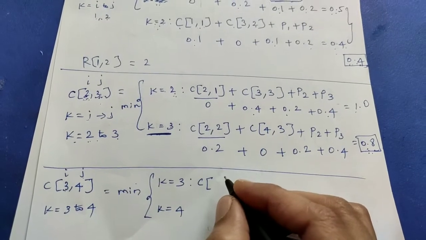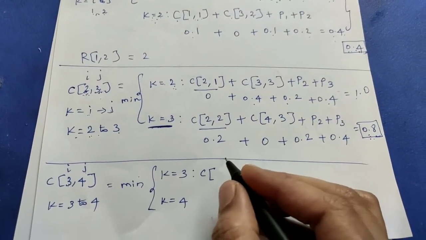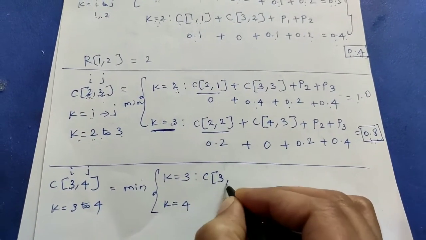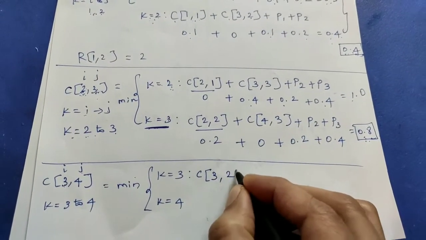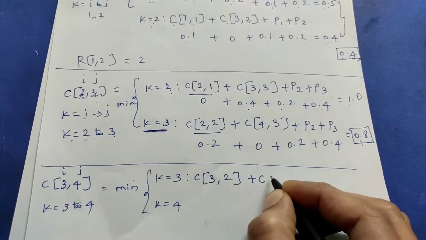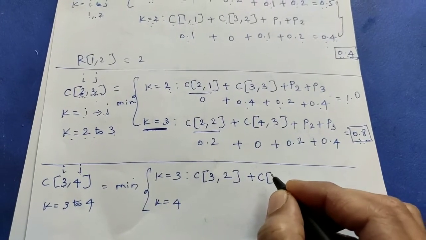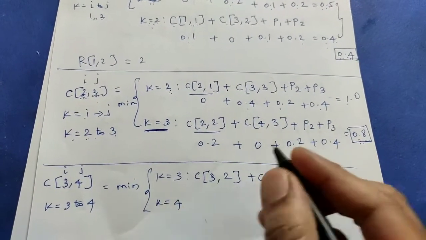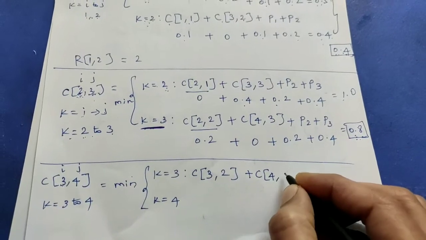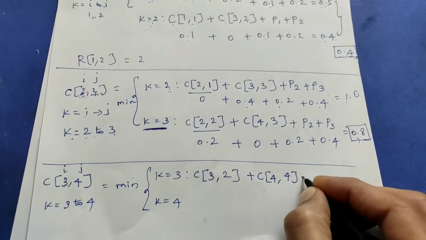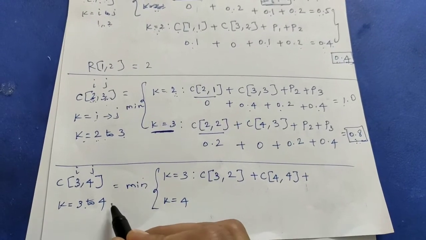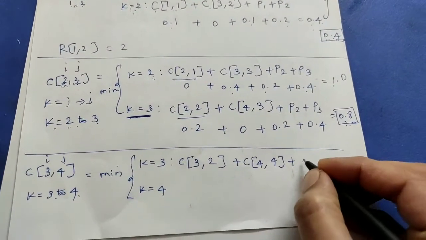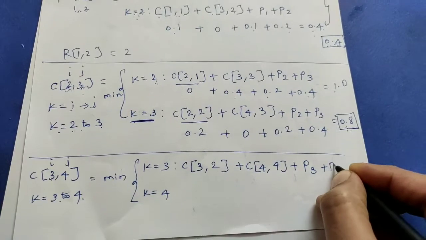Cost of I comma k minus 1. I value is 3, k value is 3, 3 minus 1 it will be 2, plus cost of k plus 1 comma j. K is 3, 3 plus 1 4, j value is also 4, plus probability of the third item plus probability of the fourth item. So P3 plus P4.